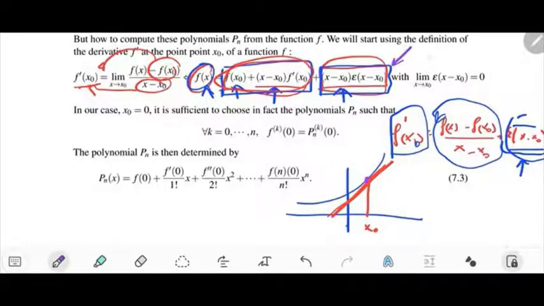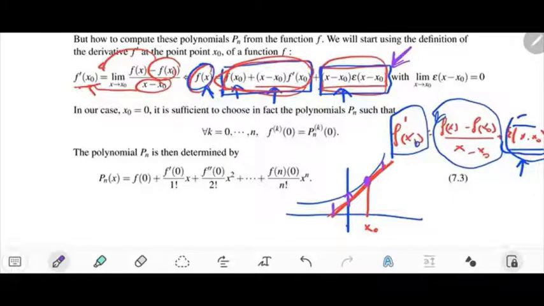So this term will go to 0 as x tends to x0 because at x0 you have the equality, and if you move far from x0, you have the error between the function and the tangent that is represented by this term. So it makes sense to say that in here we are approximating our function by a first degree polynomial, and the error can be written as x minus x0 times epsilon of x minus x0.